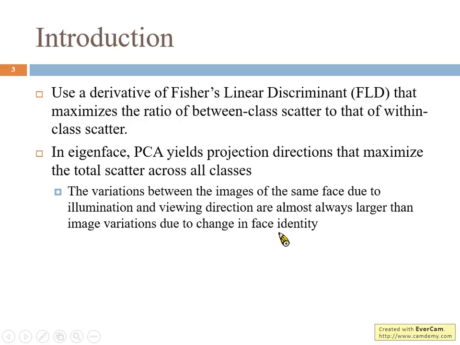So in this paper, they use a derivative of Fisher's linear discriminant method that maximizes the ratio of between-class scatter to within-class scatter. Theoretically, when we want to do good classification, we want to put data belonging to different classes as far apart as possible, and put data belonging to the same class as close as possible.